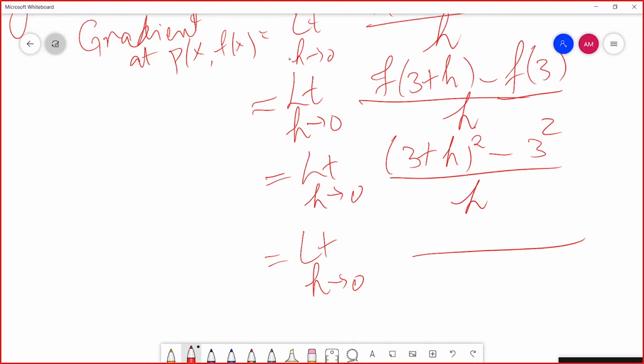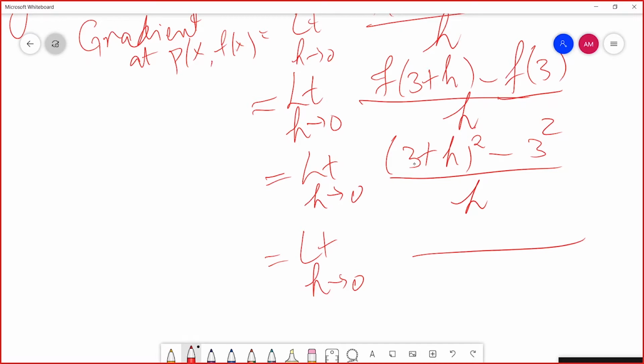Do you remember the formula of (a plus b) whole square? If I open this using the formula, what would it be?